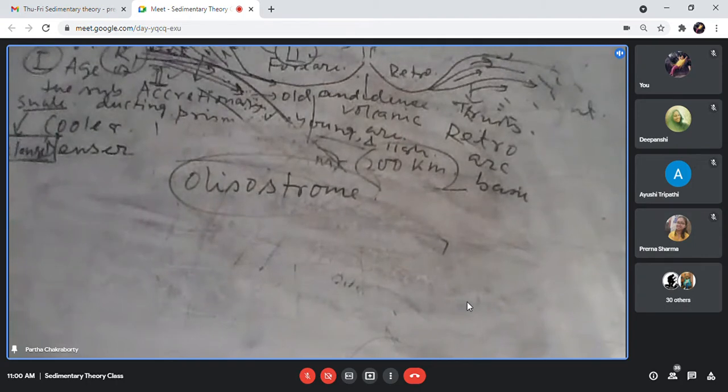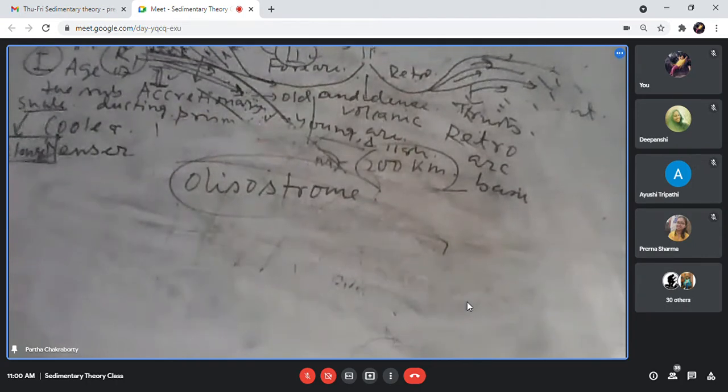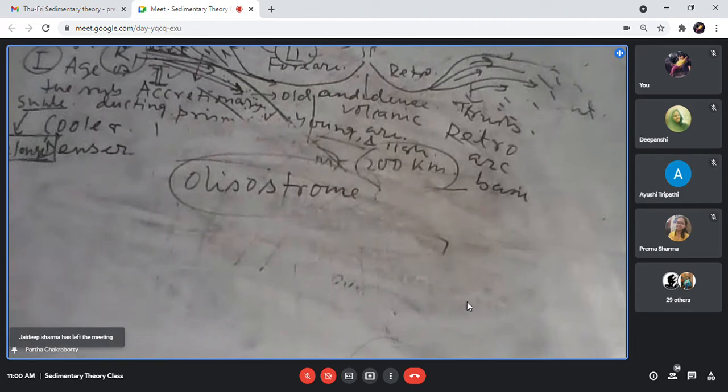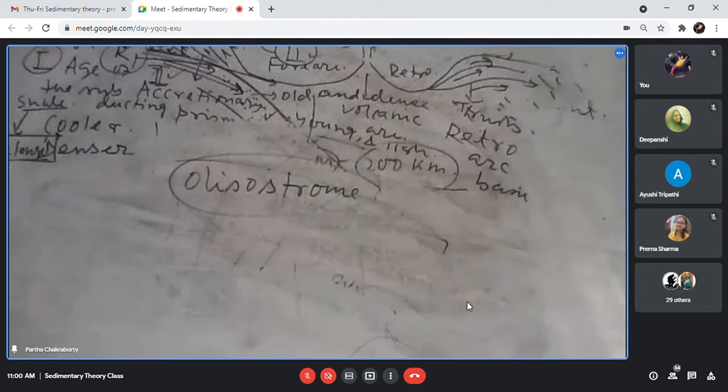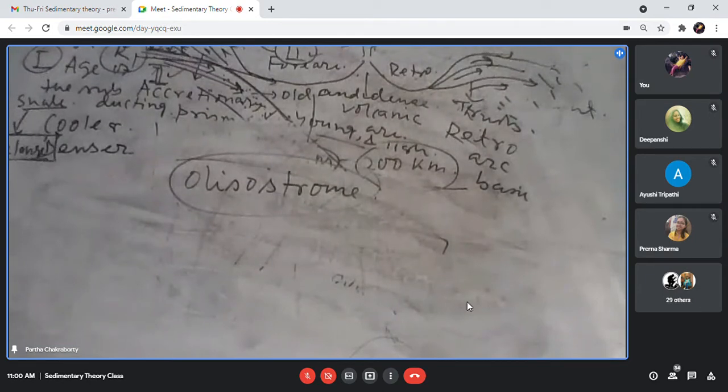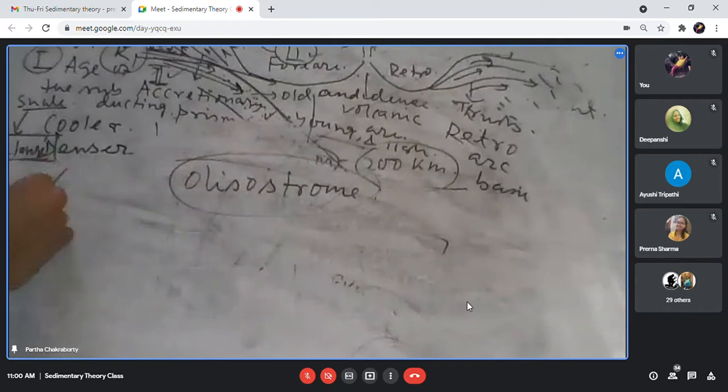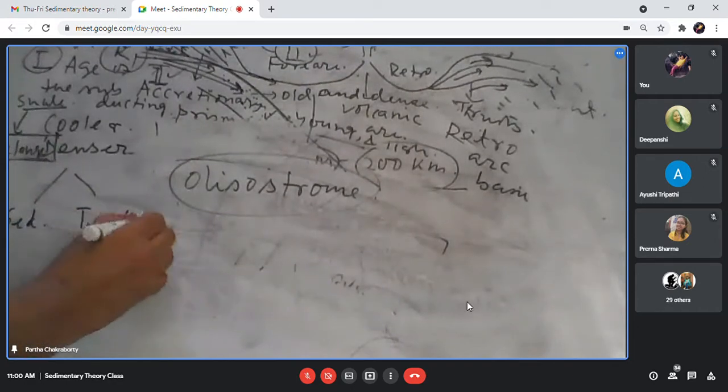And if the matrix is homogeneous, then you call it a sedimentary melange. If the matrix is deformed, then you call it a tectonic melange. So melange is again of two types: one is sedimentary melange, another is tectonic melange.